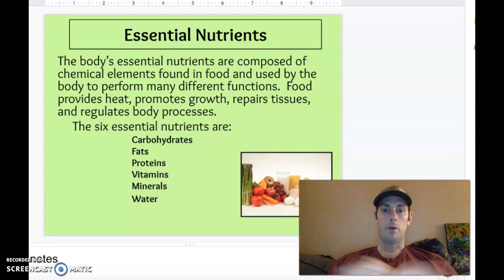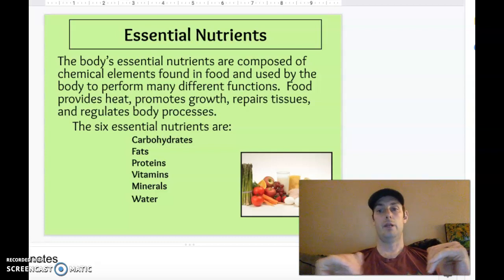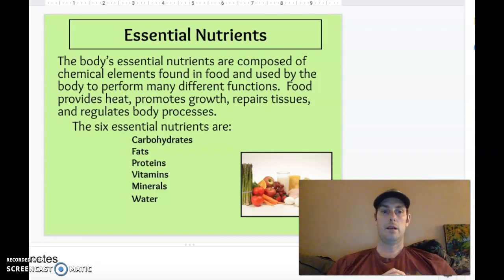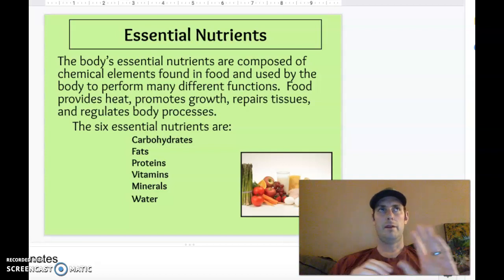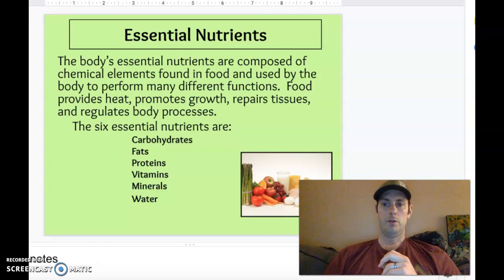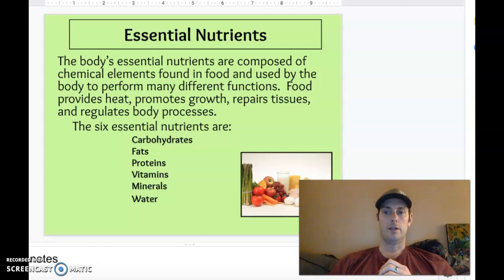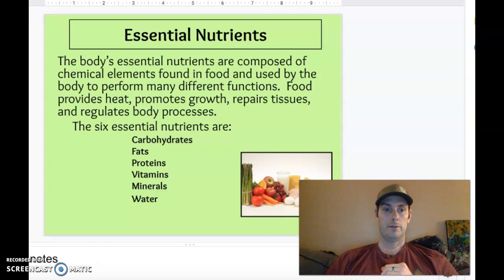Basically, we're going to go through each of those 6 nutrients in this presentation, and we'll talk a little bit about a few other things, but that's the crux of this unit, understanding these nutrients, why they're important, what they do for your body, and so forth.